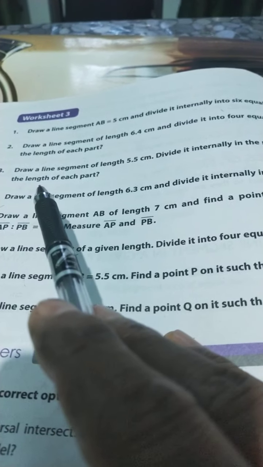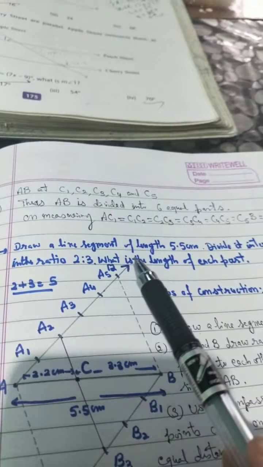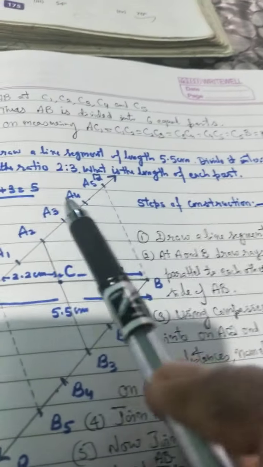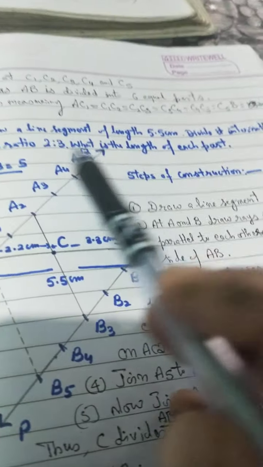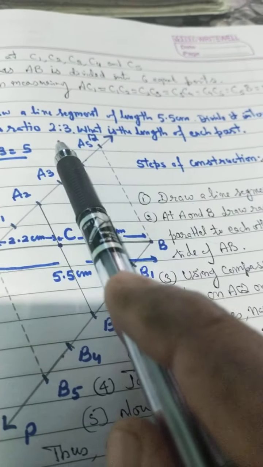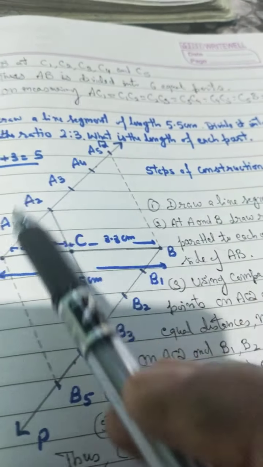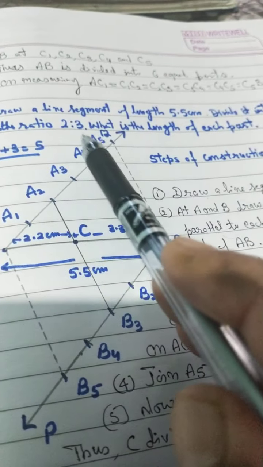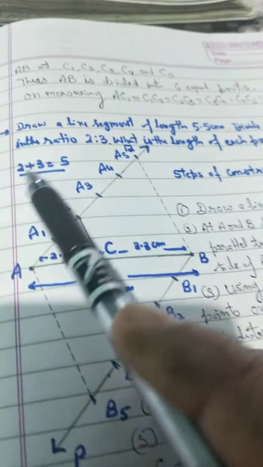So question 3rd is: draw a line segment of length 5.5 cm. Divide it internally in the ratio 2:3. What is the length of each part? 2:3 means how many equal parts will you take on AQ and BP? You have to add them: 2 + 3 = 5.